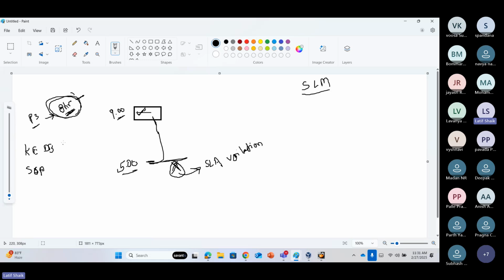What happened? You got a particular issue and you are not sure about it. No problem, you can check the KEDB, the Known Error Database. Different issues and different solutions are already mentioned there. You can pick up the right one based on the situation.